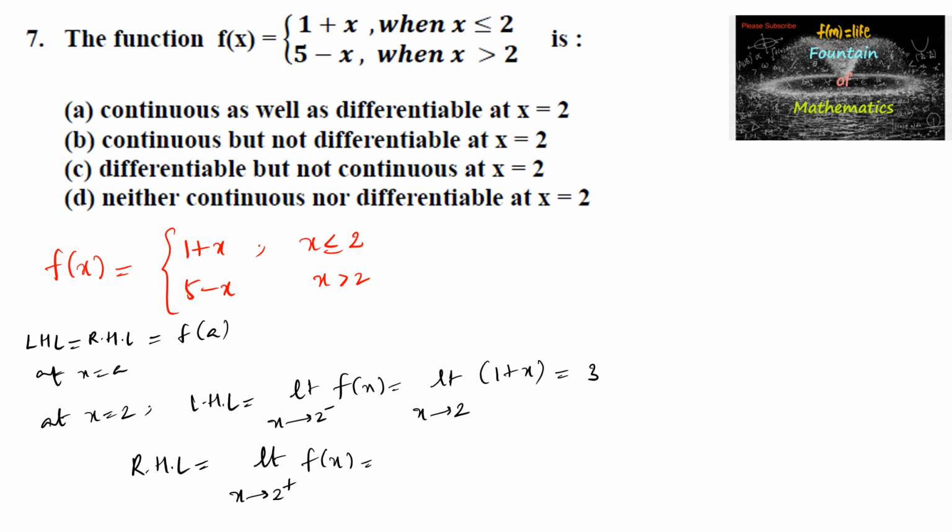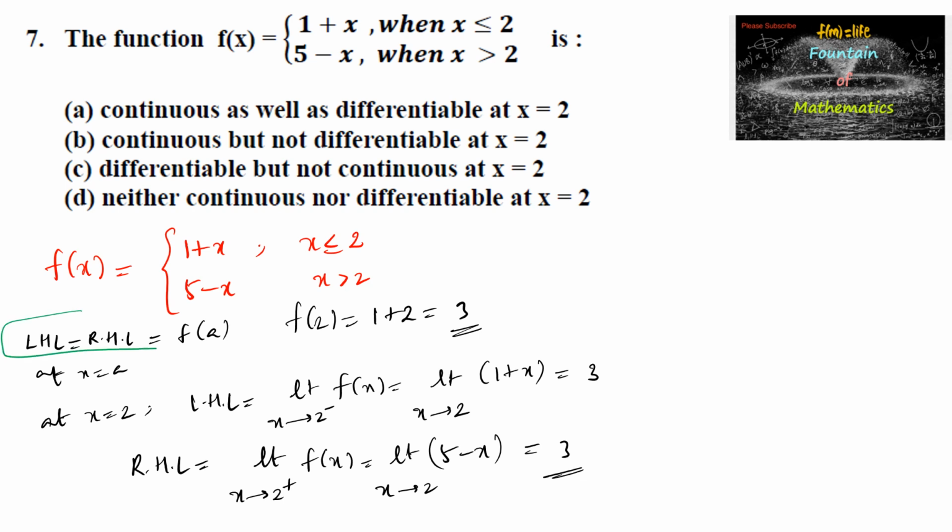We need to consider the above 2 function, that is limit x tends to 2 of 5 minus x, which is equal to 5 minus 2, which is 3. So we can say left hand limit and right hand limit both are same, and also f of 2, where x is equal to 2, is 1 plus x, so 1 plus 2, which is 3. So left hand limit, right hand limit and functional value all are equal.